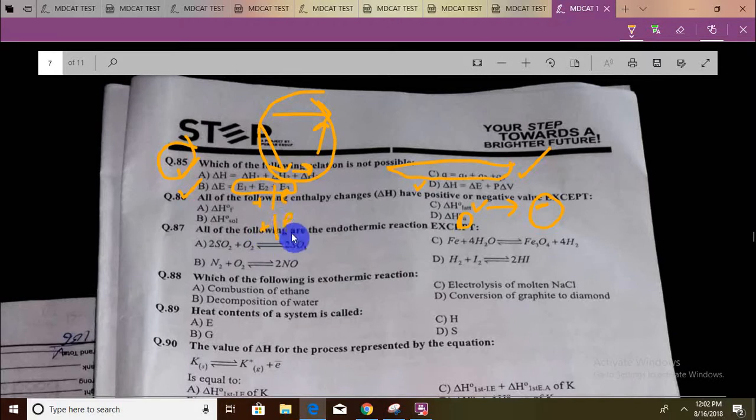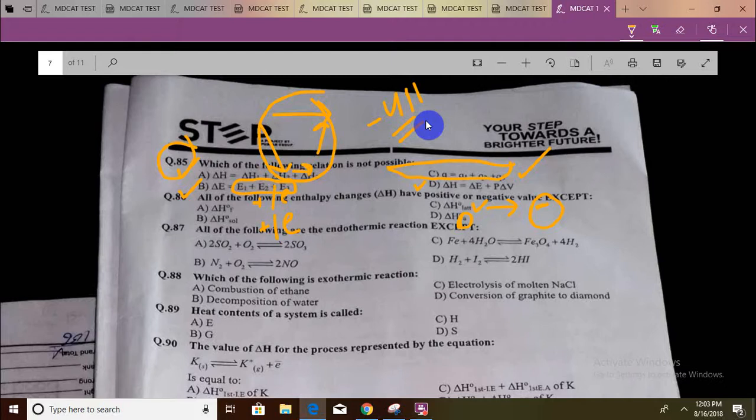There are some important values of delta H formation that are mentioned in the book. There is the formation of NaCl, which is negative 411. There is also the formation of magnesium oxide, and I think this was from the chemical bonding topic.